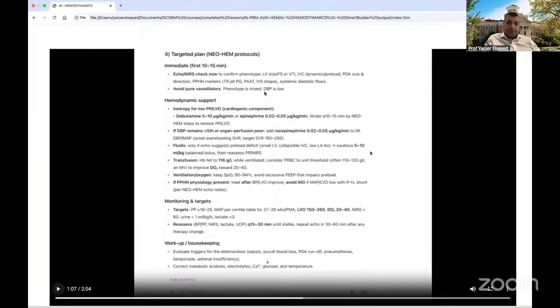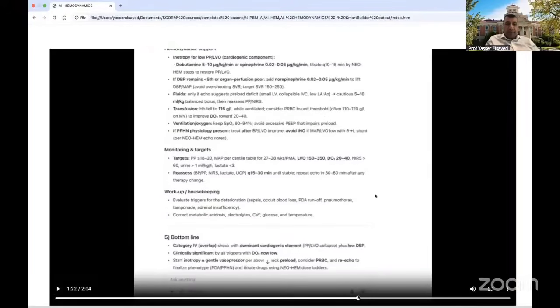Don't use dobutamine or milrinone, pure vasodilators, in this case, in this phenotype. And the phenotype was described as category number 4, which is overlap. It is not pure vasodilatory and not pure vasoconstrictor; it is overlap, with a dominant cardiogenic element, low diastolic blood pressure and significantly low oxygen delivery.